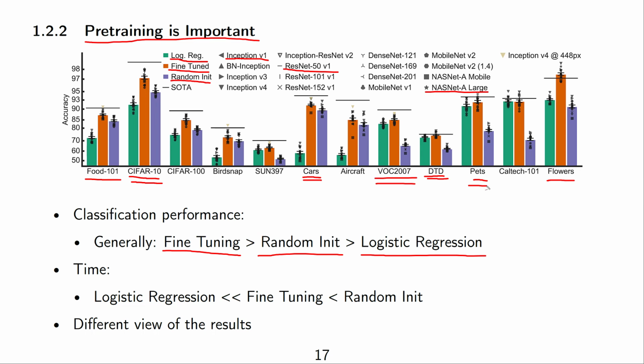So we'll discuss why that is shortly and what the difference between these data sets is. Now, time-wise, logistic regression takes much less computation time, that means much less time to fine-tune, than fine-tuning all the layers, and then random initialization takes even more time.